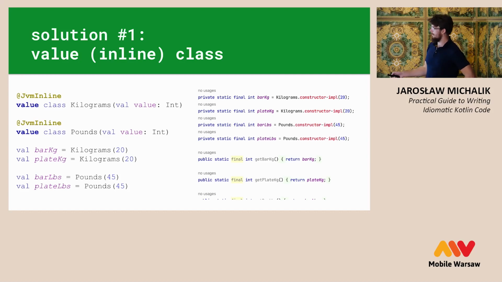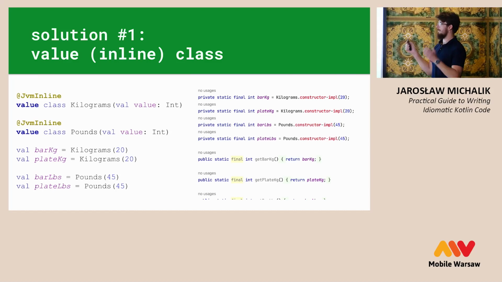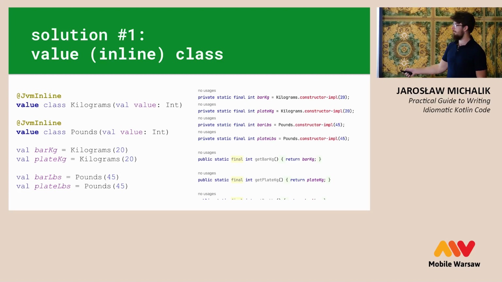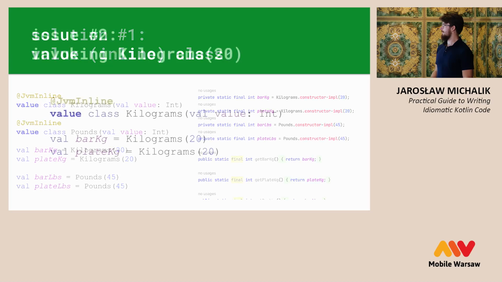And with this value keyword, and for some reason the JVM inline annotation, we can create such a class that will have the compile-time type safety. So we will use this class as kilograms, not the type alias kilograms, but the class kilograms. And under the hood, we will have the benefits of primitive types once we introduce that kind of value class. So I think that's nice.